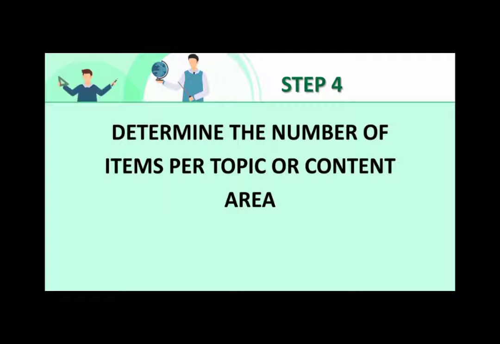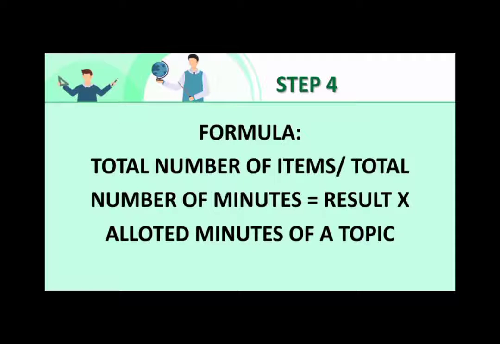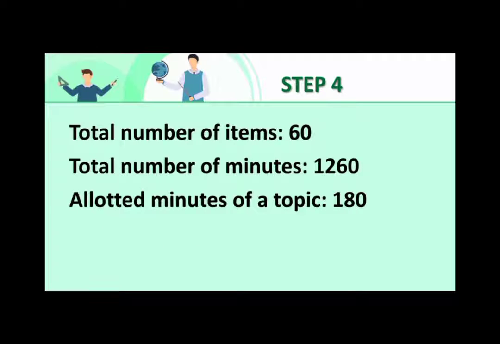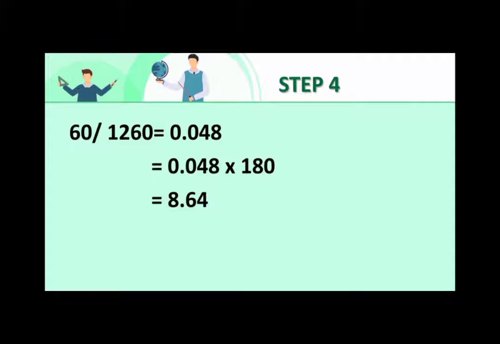Step 4. Determine the number of items per topic or content area. Formula: total number of items divided by total number of minutes equals result, times allotted minutes of a topic. Example: total number of items 60, total number of minutes 1260, allotted minutes of a topic 180. 60 divided by 1260 equals 0.048. 0.048 times 180 is equal to 8.64.